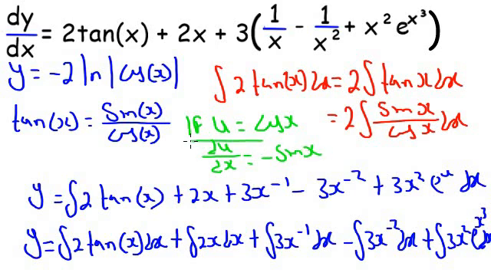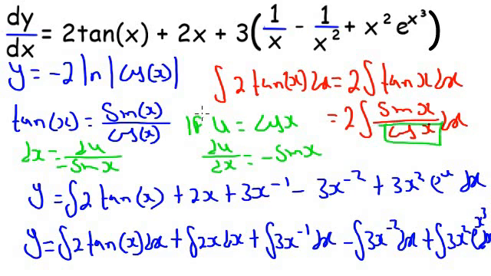Now, if I solve for dx from this equation, then I should have dx equal to du divided by negative sine x. So what I would like to do is to replace cosine x with u and dx with du over negative sine x. So therefore, I'm going to have this.